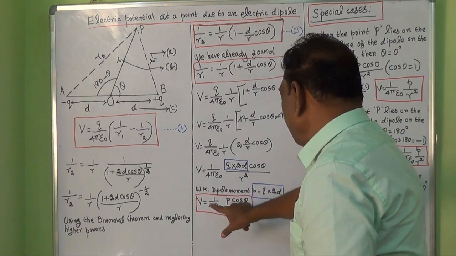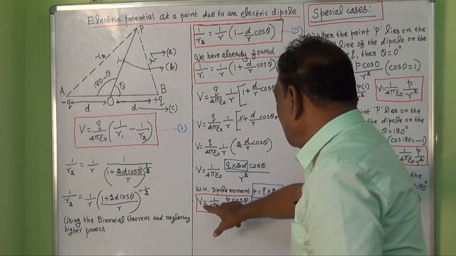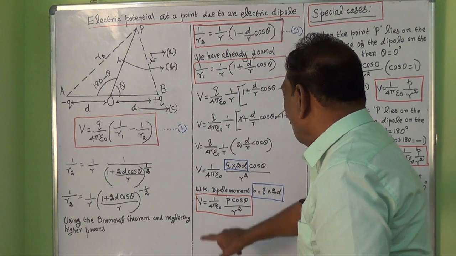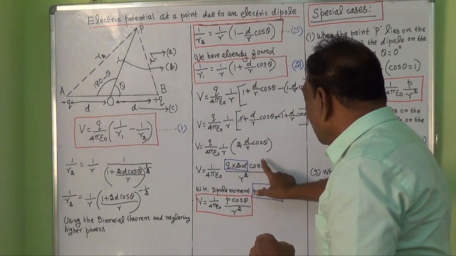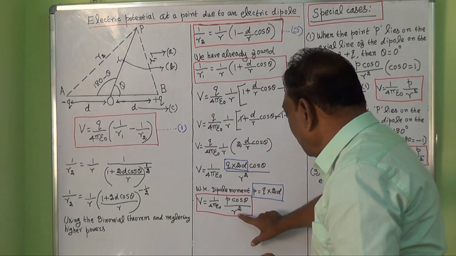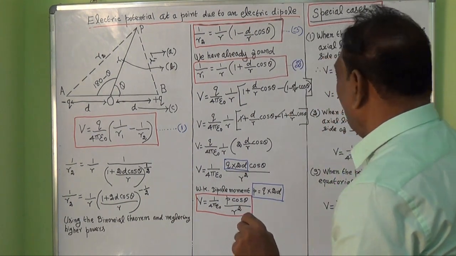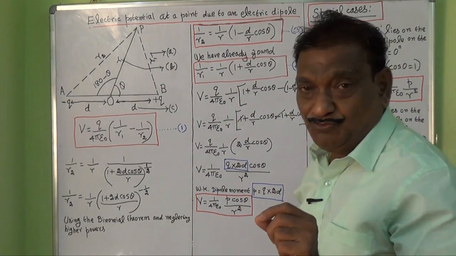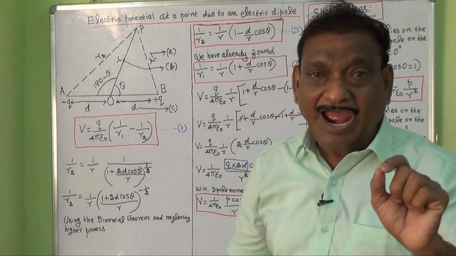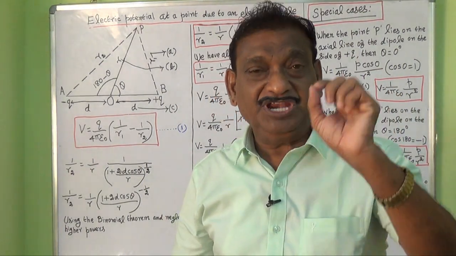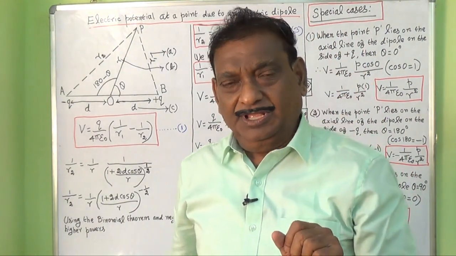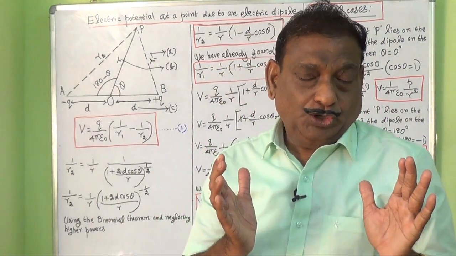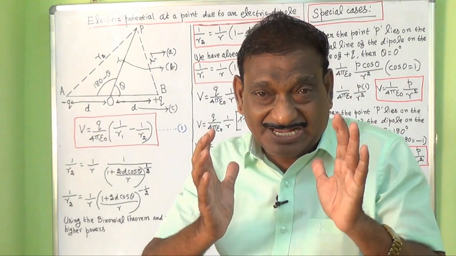Then we will get the electric potential V equal to 1 by 4 pi epsilon naught P cos theta by R square. Now we have derived the formula for electric potential at any point due to the dipole. Then we are going to see some special cases.